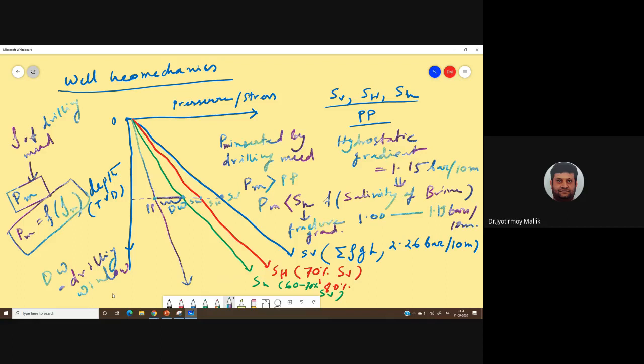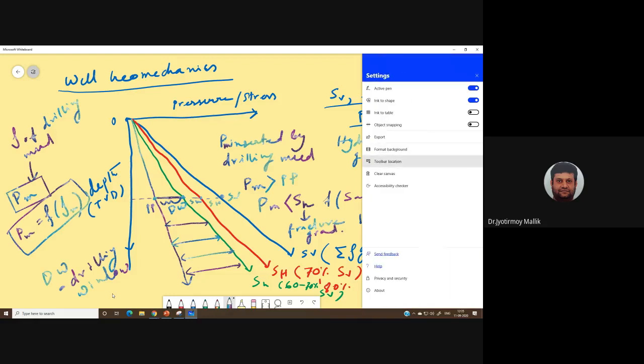So you can see with depth, my drilling window actually keeps on increasing, which is a good thing. So I have more pressure to play with. But things can very quickly get complicated, and we will discuss such complications right now.